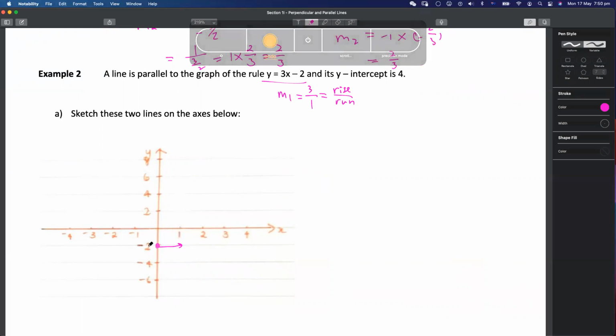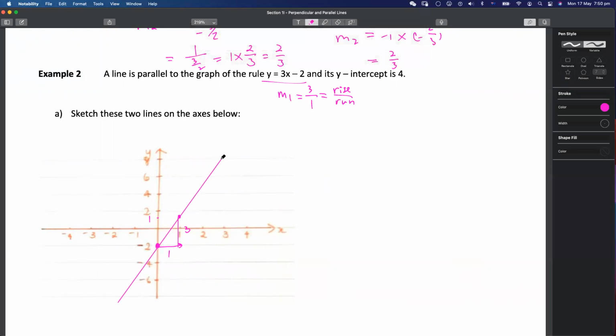So 1 unit to the right, and 3 units upwards, and then connect these 2 dots. All right.